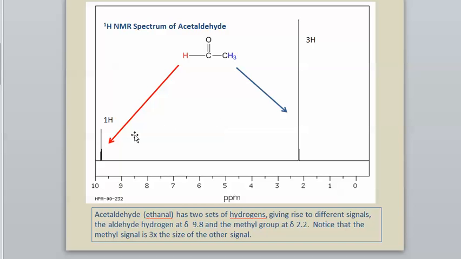And the fact that, again, these are in a 1:3 ratio tells us that the aldehyde hydrogen, there's only one of those, and it's again a part of the same molecule where we have another group of 3 hydrogens that are all equivalent to each other. And generally speaking, hydrogens connected to a single carbon will give a single peak in the NMR spectra. It's not always true, but it certainly will be for most of the examples that we see as we go along.